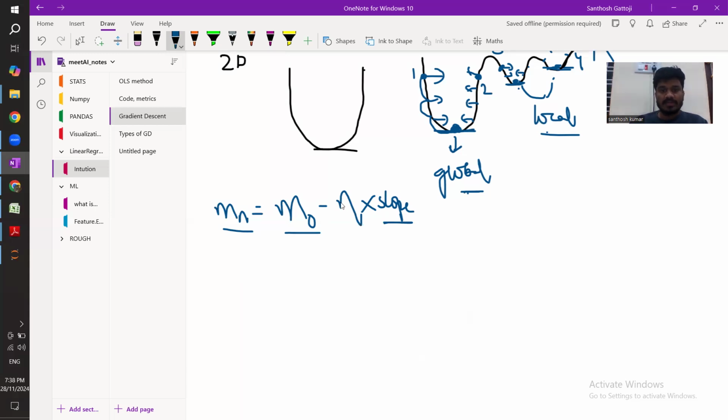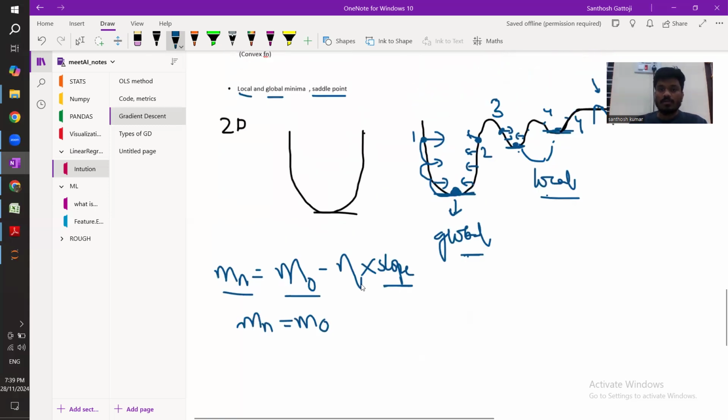If the slope is getting different, you are changing this value. But if the slope is every time the same and the learning rate is fixed, then m new will be equal to m old. That means my new value of m is equal to my old value of m. That means the gradient descent algorithm is not updating anything. Correct? If my old value is the same as the new value, that means I'm not moving.